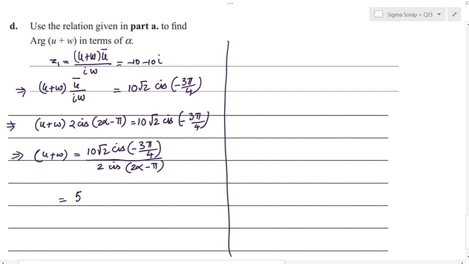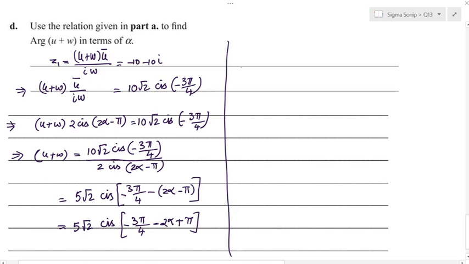Which gives you 5 root 2 cis minus 3 pi over 4 minus 2 alpha minus pi, and that becomes minus 3 pi over 4 minus 2 alpha plus pi.